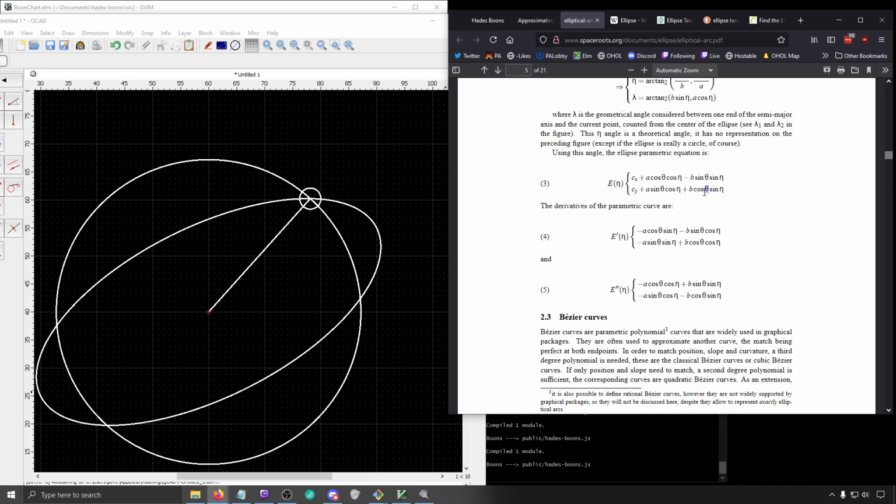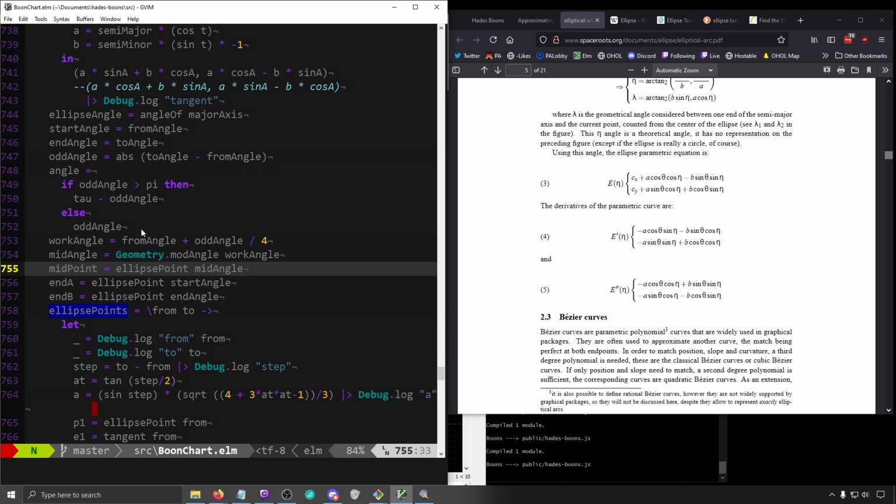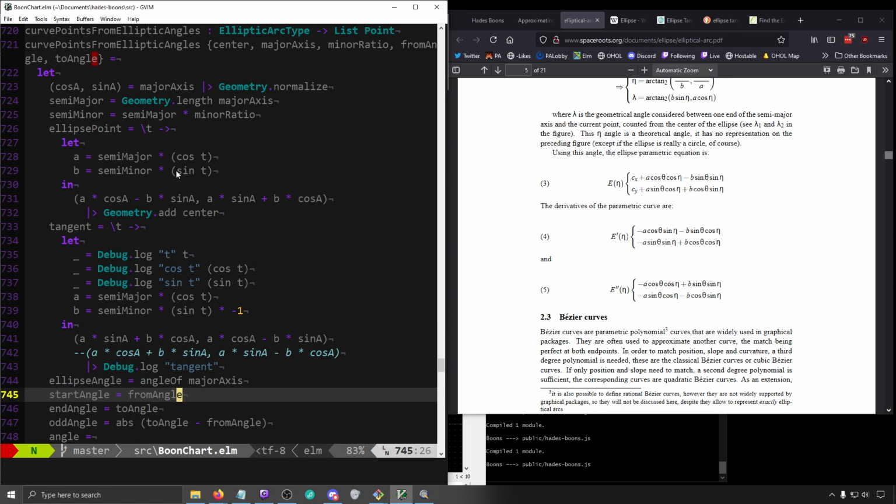Huh, a little bit of differentiation there. Which is probably showing up in, we have cos t and cos a as the angle of that. Yeah, center plus, there's the semi-major.